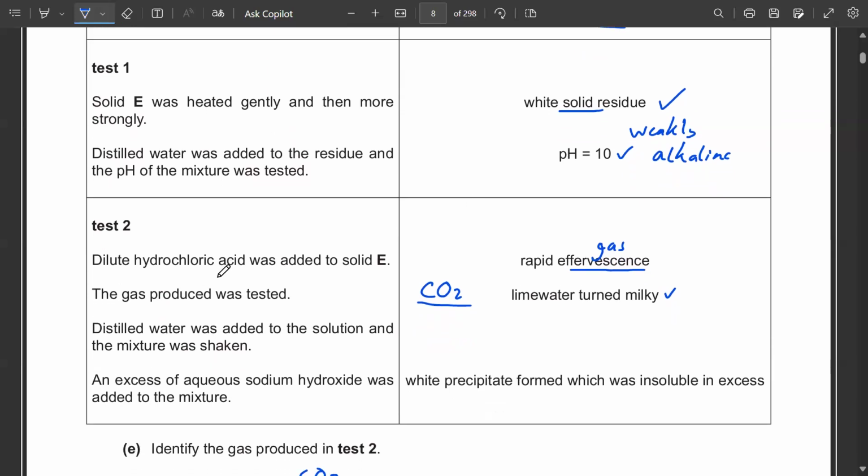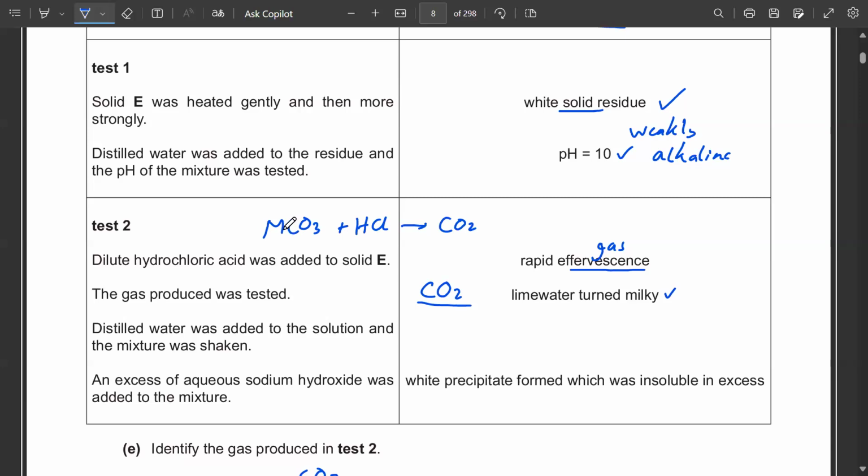When it was reacted with the hydrochloric acid, it produced gas, which means that it is supposed to be a metal carbonate. A metal carbonate could react with the HCl to produce the gas CO2, that turned lime water milky.